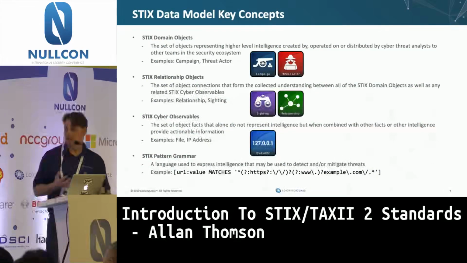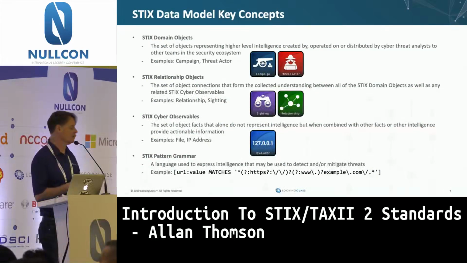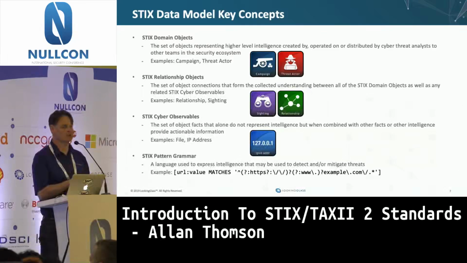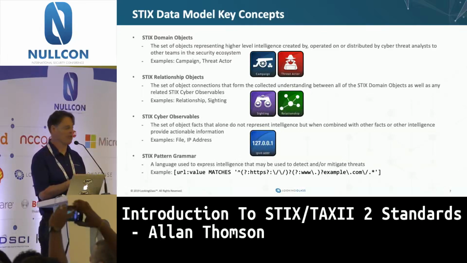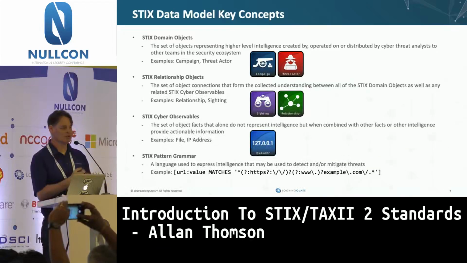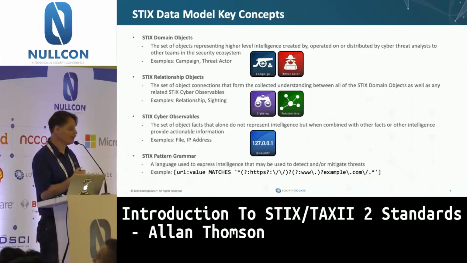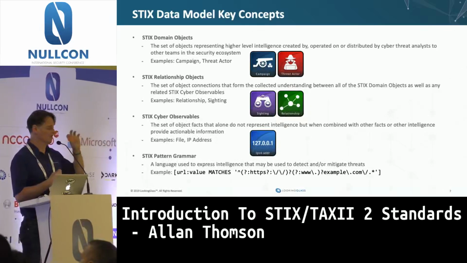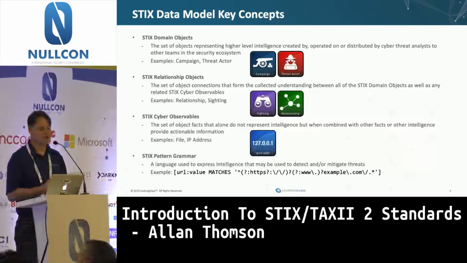So, as I said, there are 4 key aspects of the data model in STIX2. The first is domain objects, which is if you are trying to understand how adversaries are potentially targeting you, for example, campaigns, understanding which actors are out there, is it a particular APT group, is it an individual, is it unidentified that you know very little information about, but you want to be able to model that you know it's an entity that's targeting you.